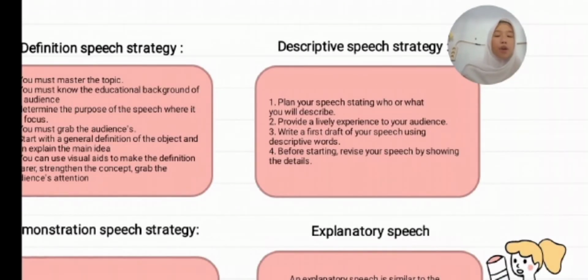There are 4 points. First, plan your speech stating who or what you will describe. Second, provide a lively experience to your audience. Third, write a first draft of your speech using descriptive words. And the last one, before starting, revise your speech by showing the details.